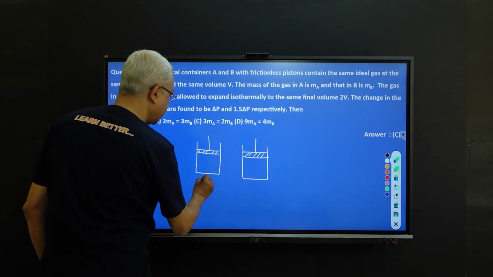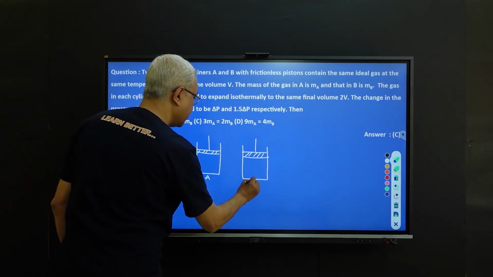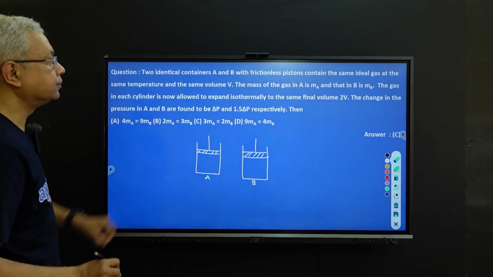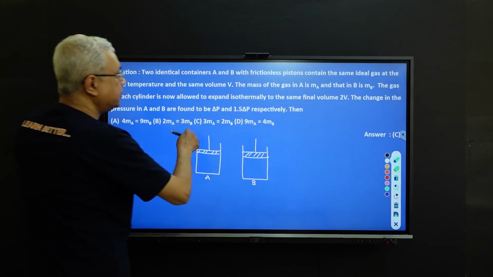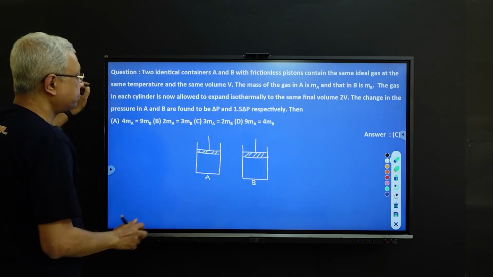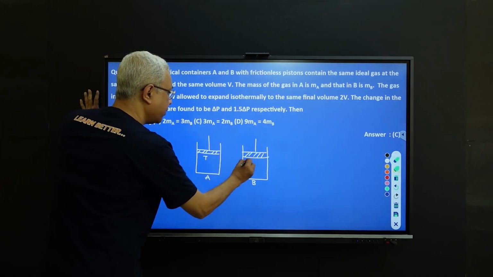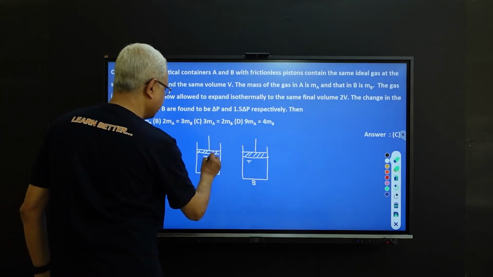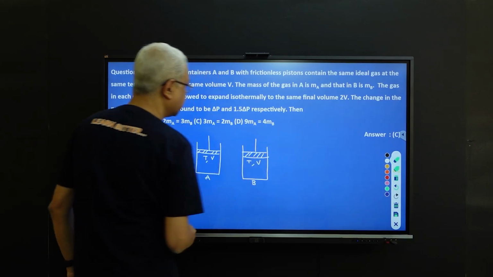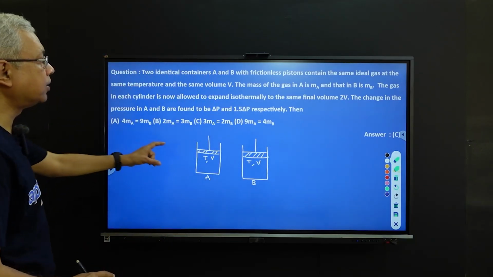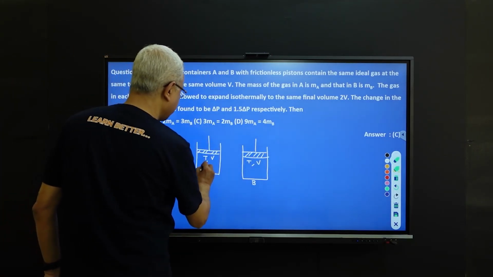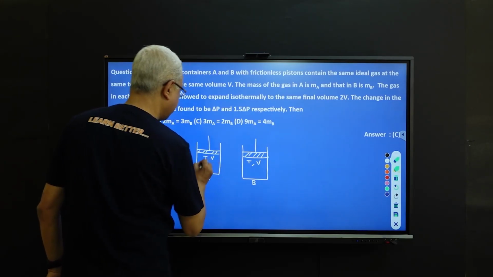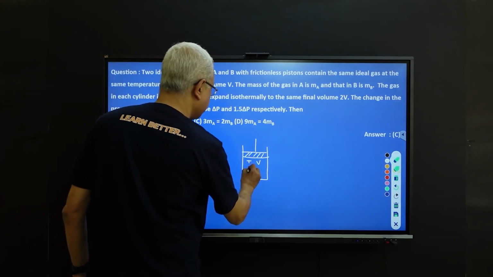This is container A, this is container B, having the same ideal gas at the same temperature, and the volume is also the same for both containers. Now the mass of the gas in A is Ma and that in B is Mb.